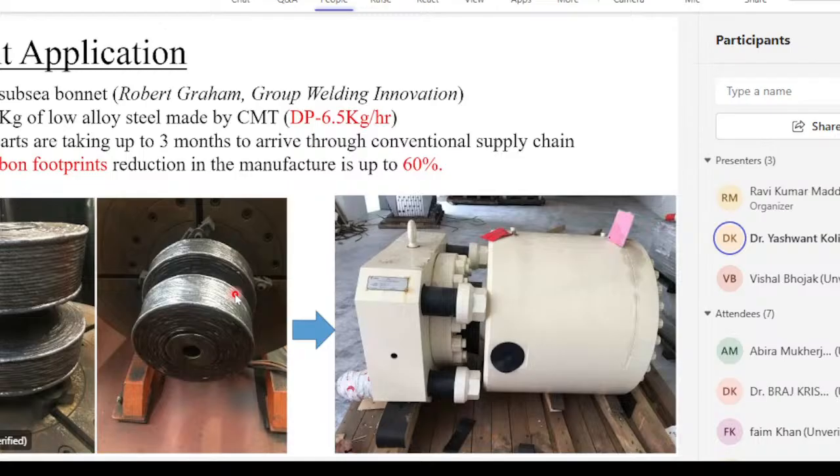So you can assume that for other components of the navy, aircraft, or aerospace engineering that take too much time, we can fabricate them under a single roof and reduce carbon footprints. It is a very good process.